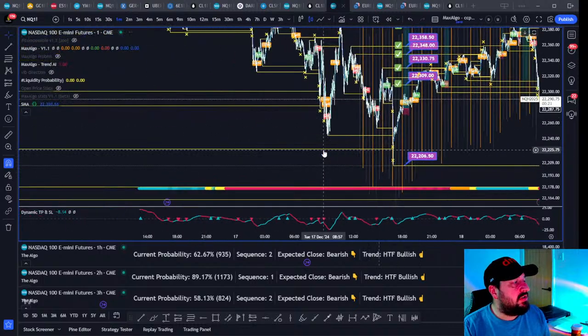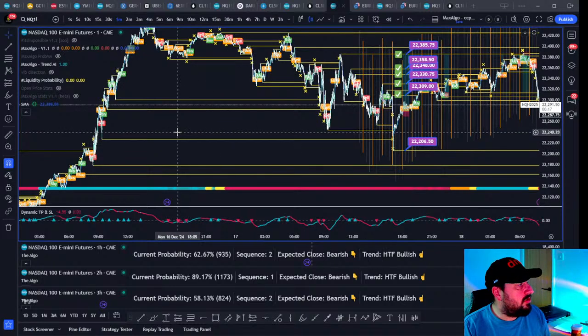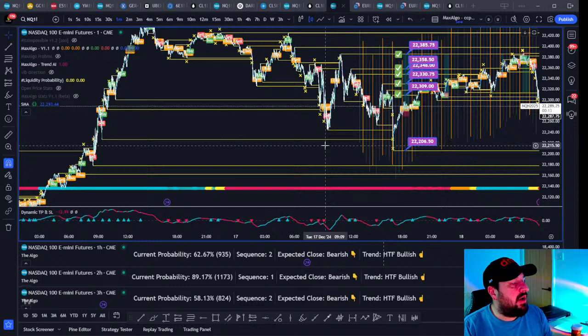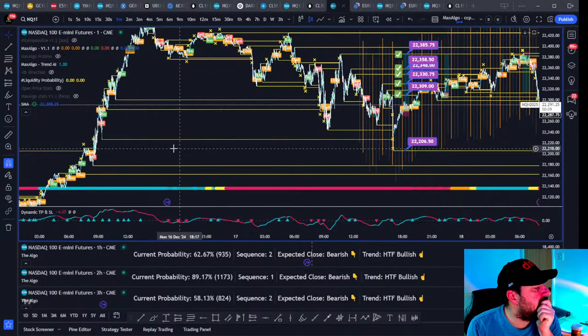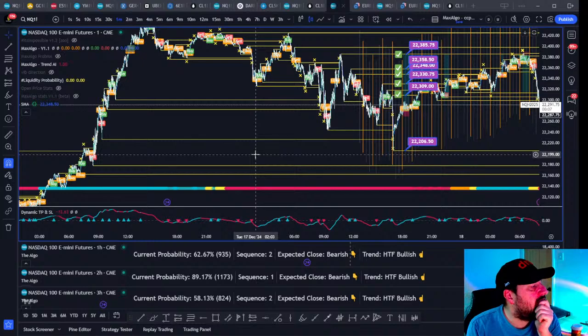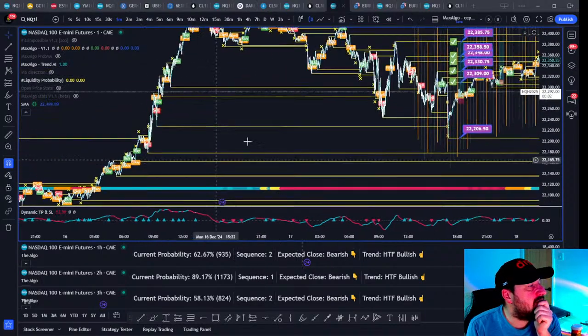But because we were bearish yesterday, Tuesday was an inside bar, wasn't it? Tuesday an inside bar? Monday. No, we took the lower Monday. No, we didn't, because Monday was always down here. So Tuesday was an inside bar.